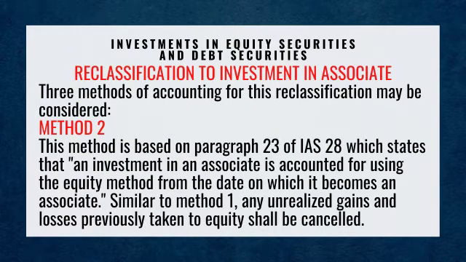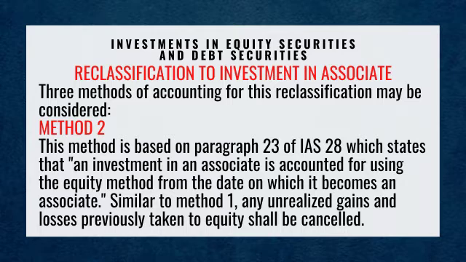Method number 2. This method is based on paragraph 23 of IAS number 28, which states that an investment in an associate is accounted for using the equity method from the date on which it becomes an associate.